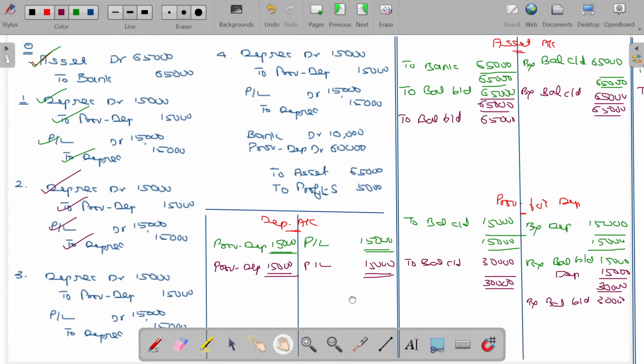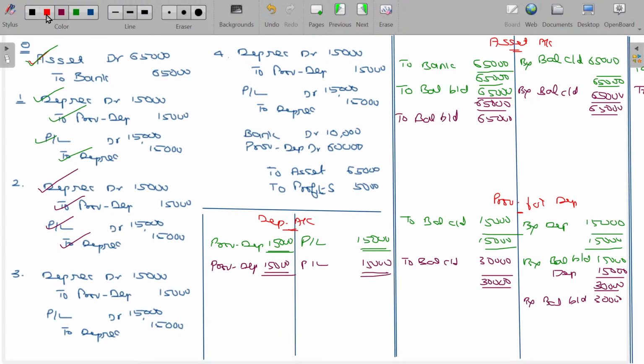In the third year, we have depreciation. In depreciation, to provision for depreciation, 15,000. In provision for depreciation, by depreciation, 15,000.